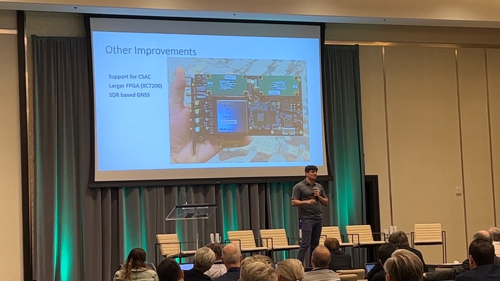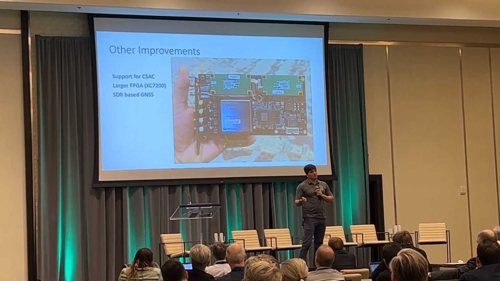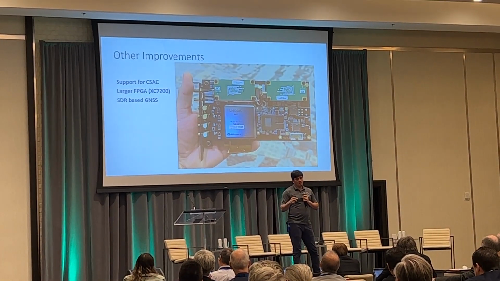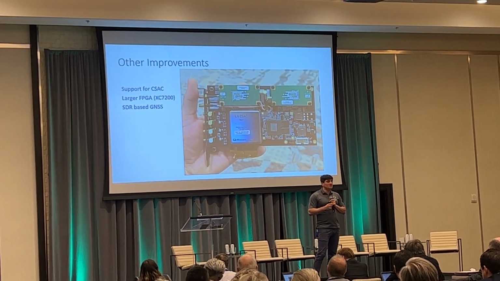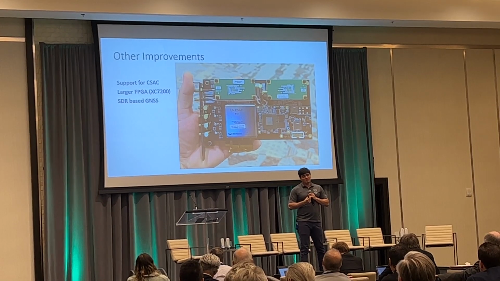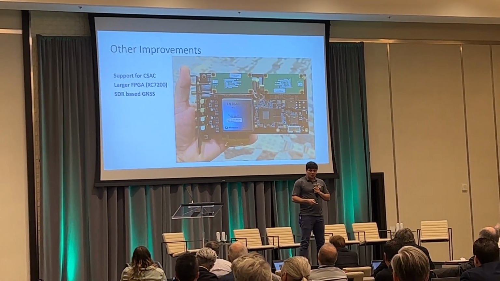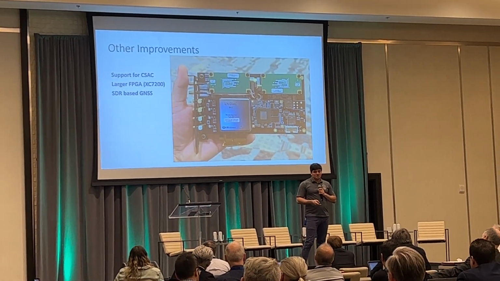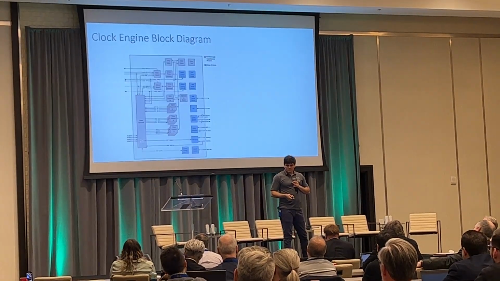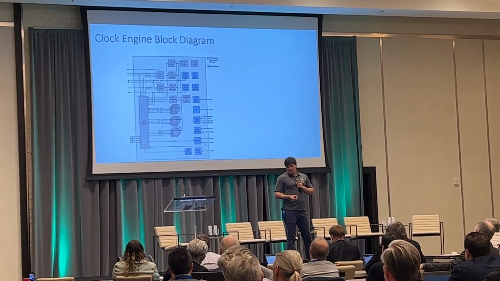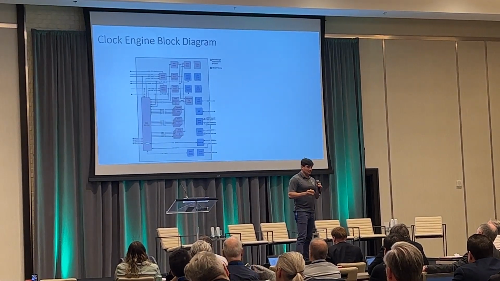And then also on the GNSS receiver, we started developing an SDR-based one, based on the NXP LA9310. I wish Wim was here. And also we put in a larger FPGA; from 100, we went for the 200. Block diagram, now everything is open source, literally everything.